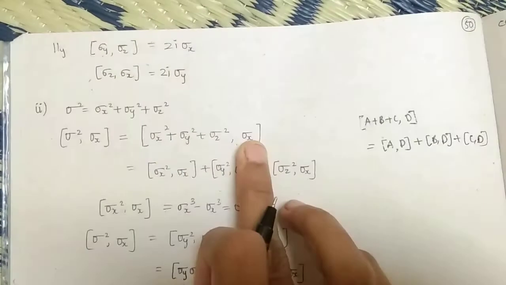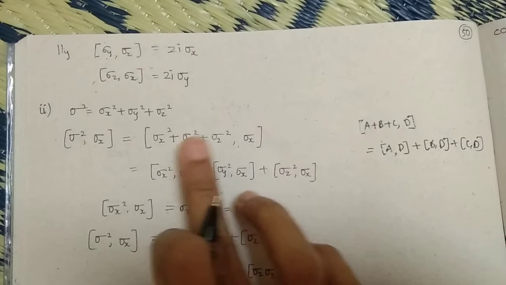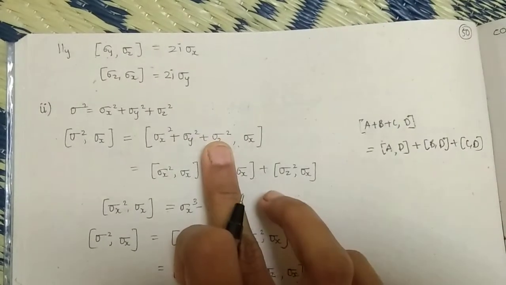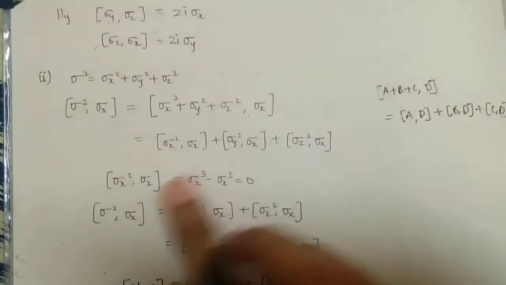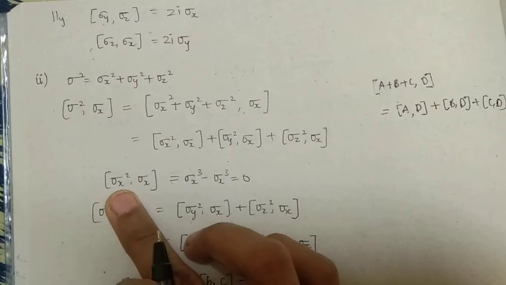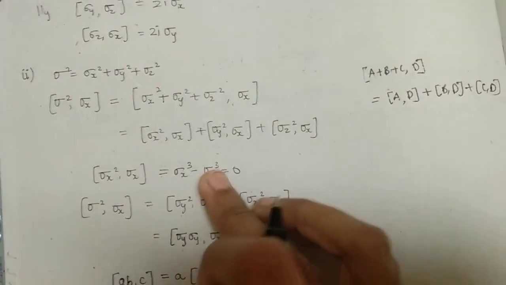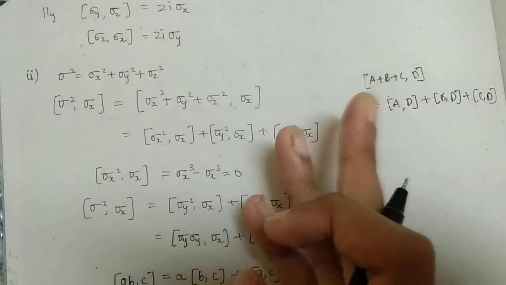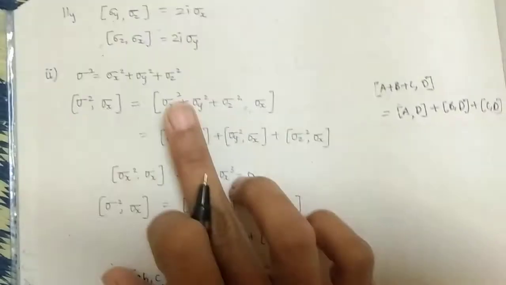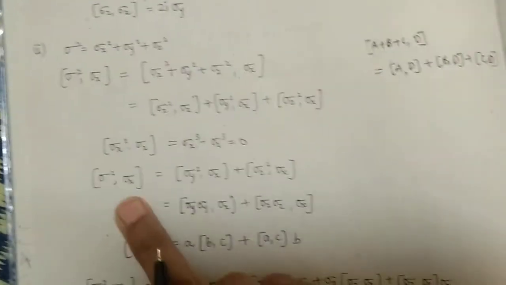Commutation of sigma x square, sigma x plus commutation of sigma y square, sigma x plus commutation of sigma z square, sigma x. Now this commutation sigma x square comma sigma x is nothing but sigma x cube minus sigma x cube. So a cube minus a cube is nothing but 0. So this term would vanish and these two terms would be remaining.